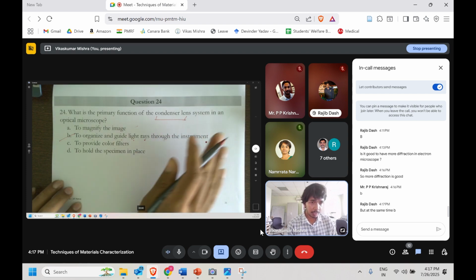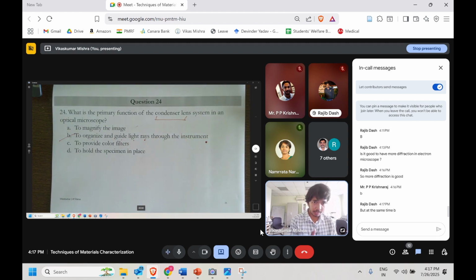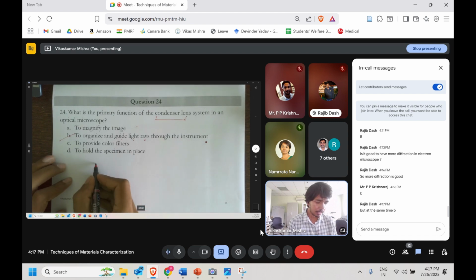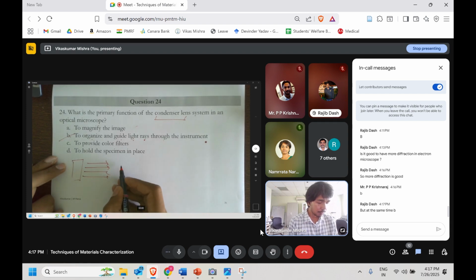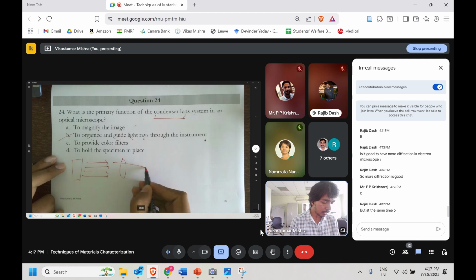What the condenser lens is doing, from the word itself, it's condensing the rays of the optical light emitted. This lens can condense them to one particular point, and now this will act as a source. So it organizes and guides the light through the instrument.